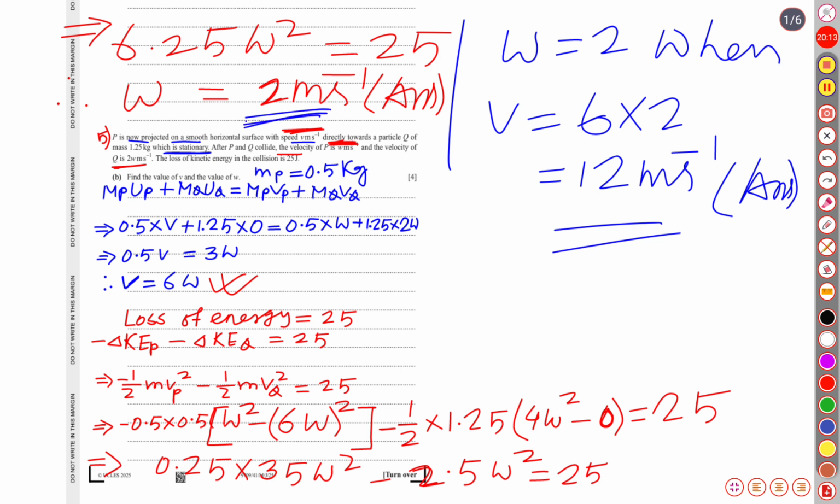They have told us to find the value of V as well as W. So V is 12 meter per second and W is 2 meter per second. Writing only 2 and 12 is sufficient. So I tried my level best to explain every part, and I believe that you have understood my calculation.